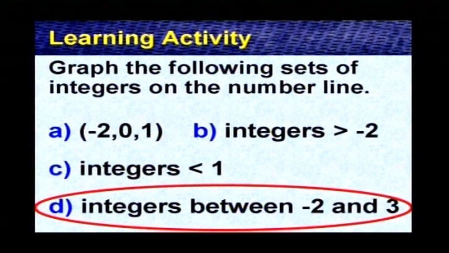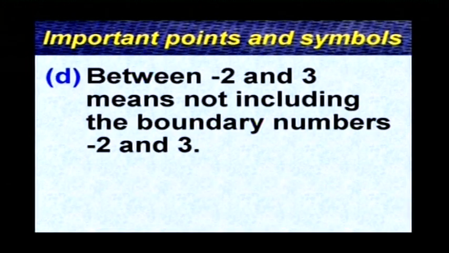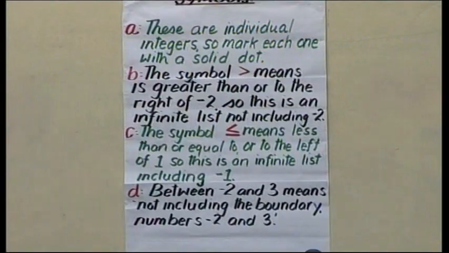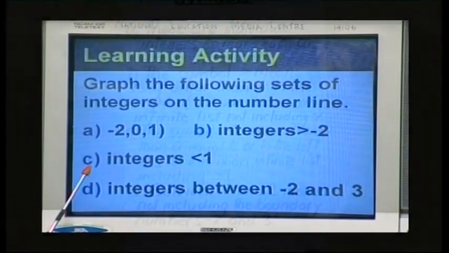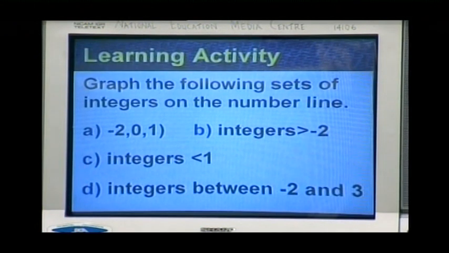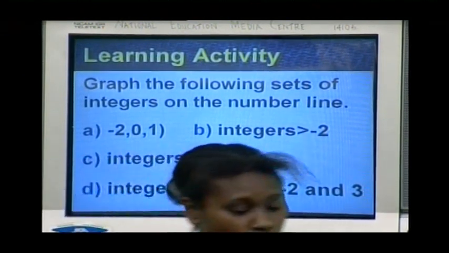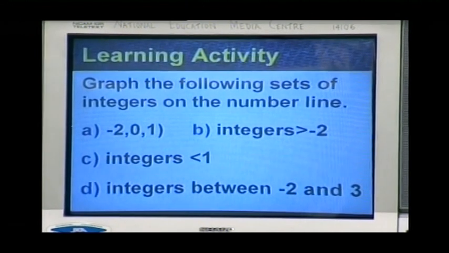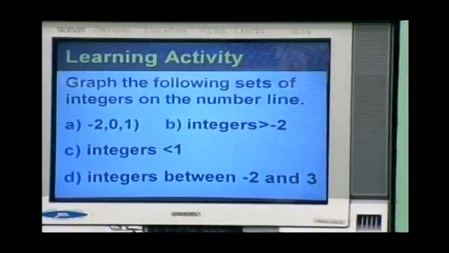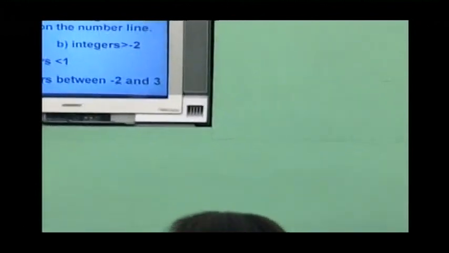Learning activity D, integers between -2 and 3. Between -2 and 3 means not including the boundary numbers -2 and 3. So these points are in line with each of these activities shown on the PowerPoint. It's not for you to do, but just for us to see first before we go on to our actual exercise.